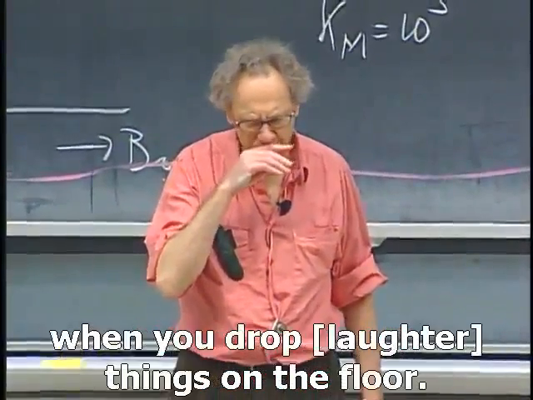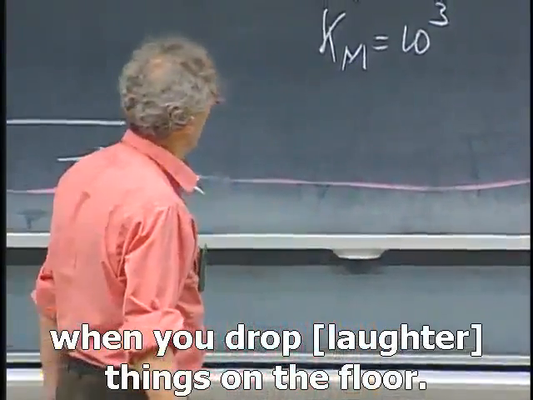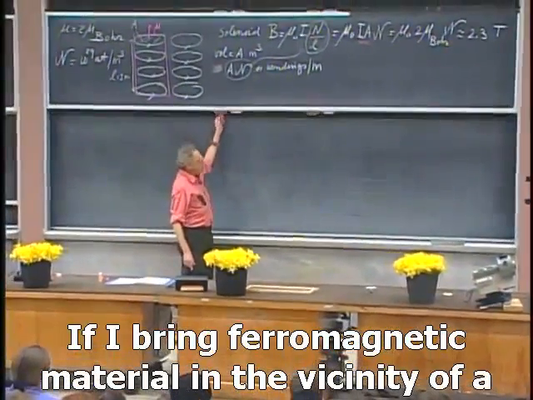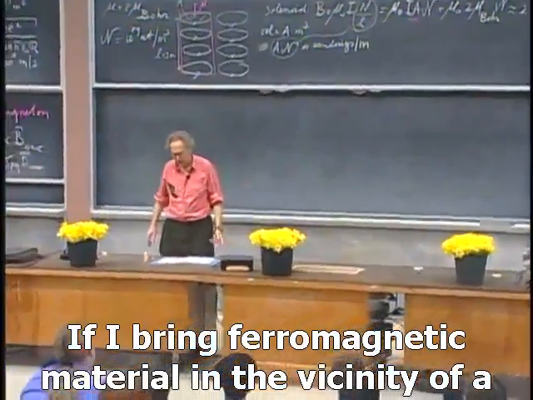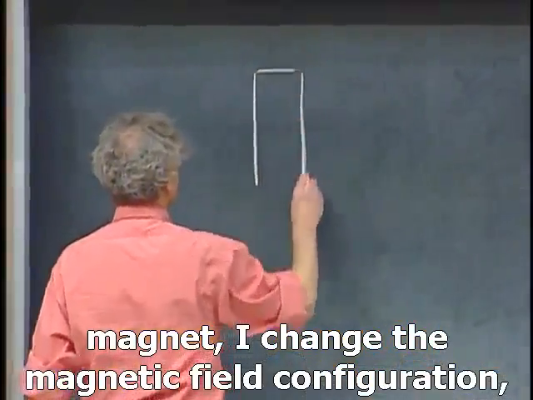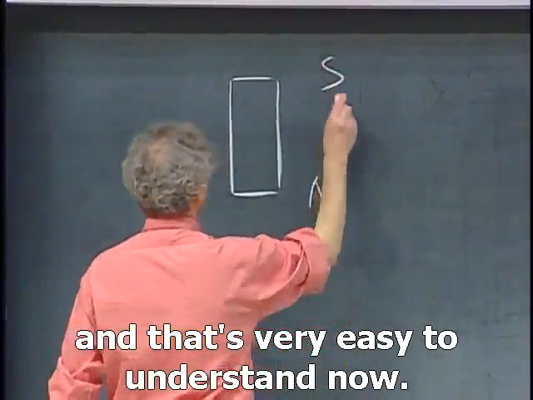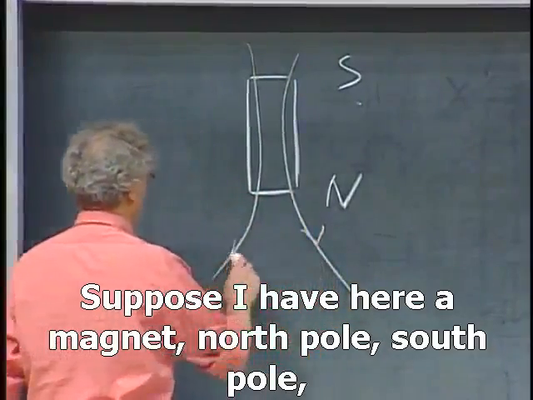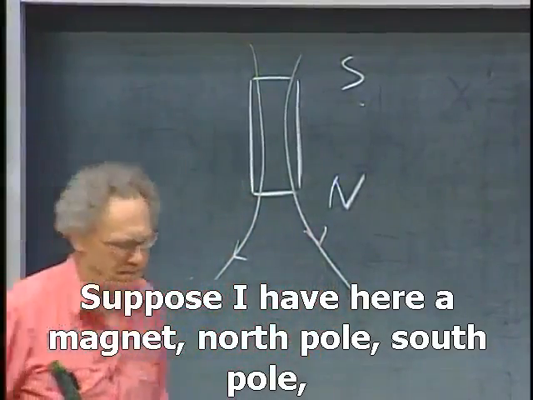If I bring ferromagnetic material in the vicinity of a magnet, I change the magnetic field configuration, and that's very easy to understand now. Suppose I have here a magnet, North Pole, South Pole, and the magnetic dipole field is sort of like this.